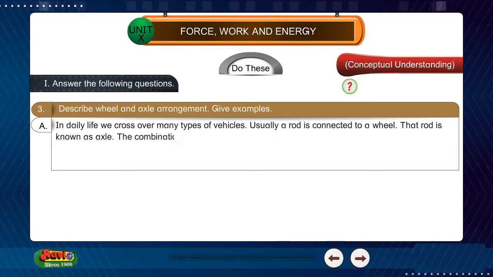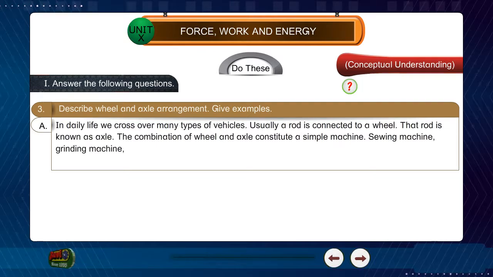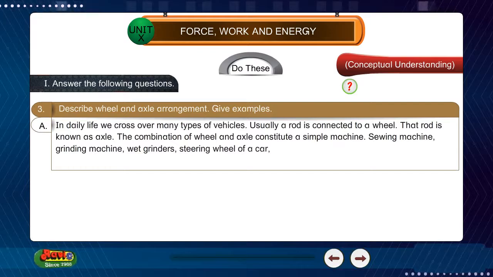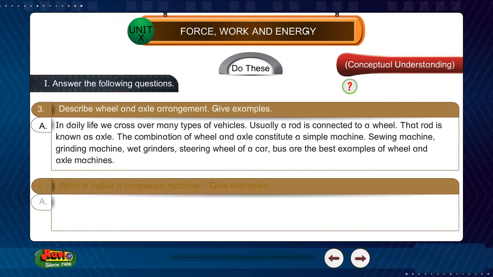The combination of wheel and axle constitute a simple machine. Sewing machine, grinding machine, wet grinders, steering wheel of a car, bus are the best examples of wheel and axle machines.